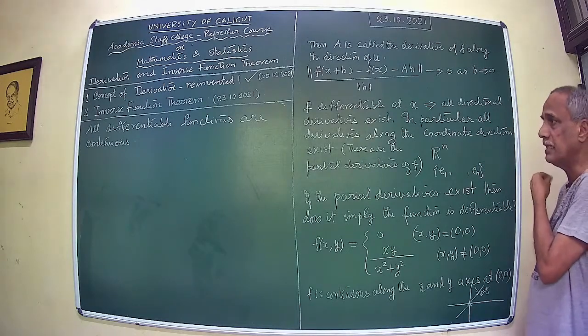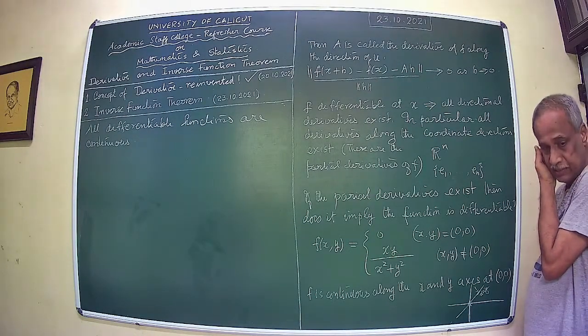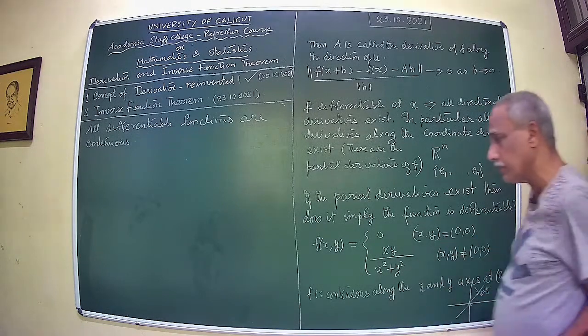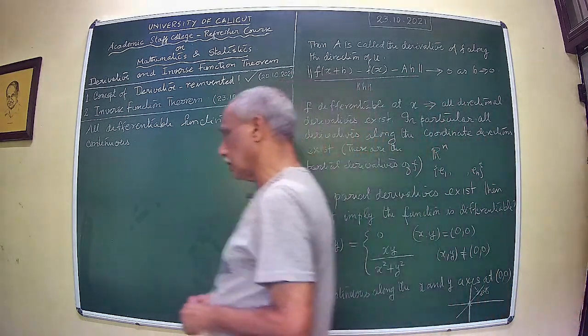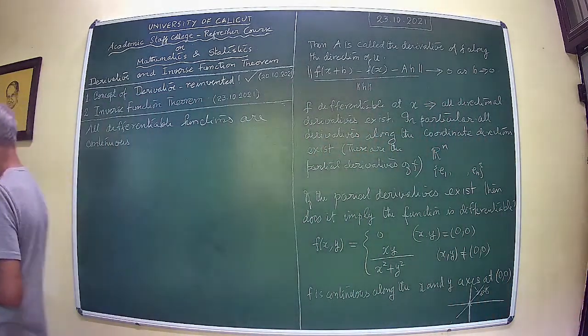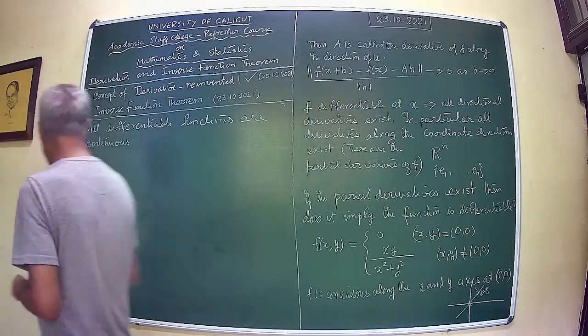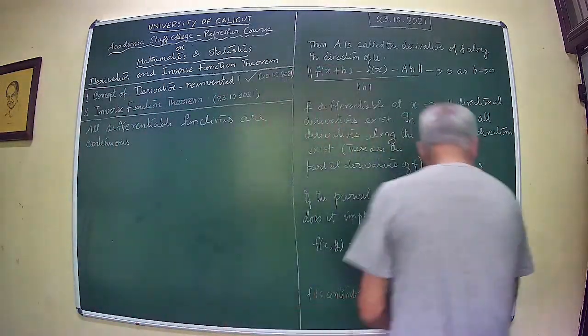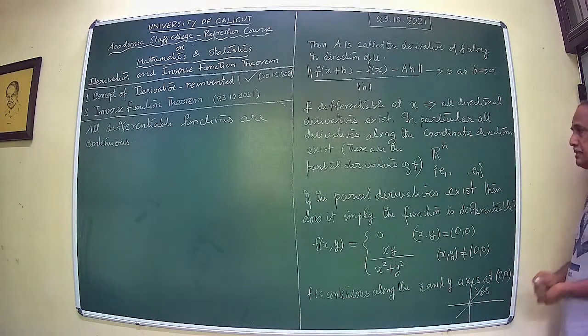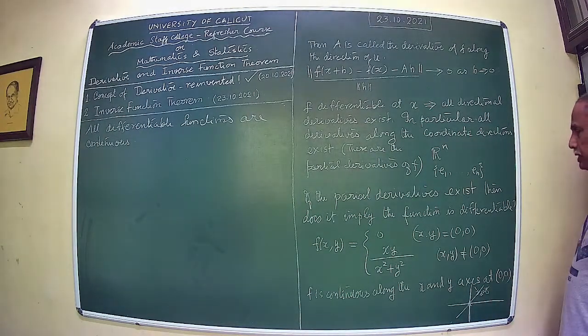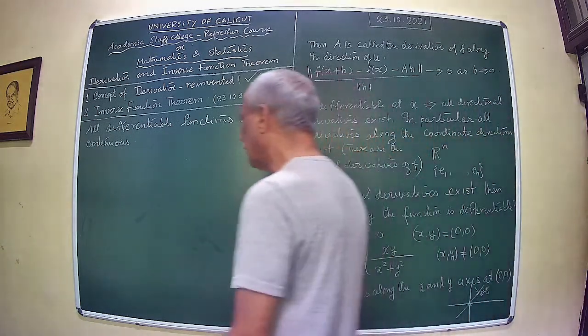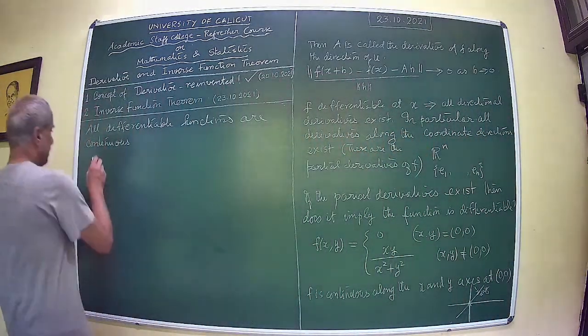So, if the function itself is not continuous at (0, 0), it cannot be differentiable. So, differentiability is not guaranteed. Whereas, you can easily compute the derivative along the coordinate directions, and you see that the partial derivatives are 0 for the function.